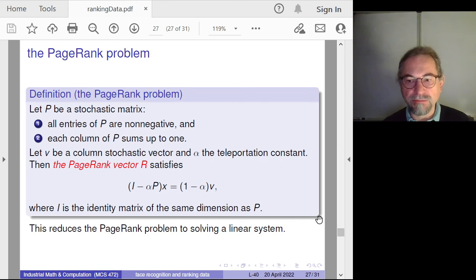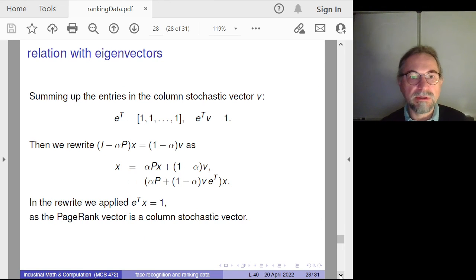But as will become clear in a minute, we can rewrite that equation, solving a linear system, into an eigenvector problem. And here it is.